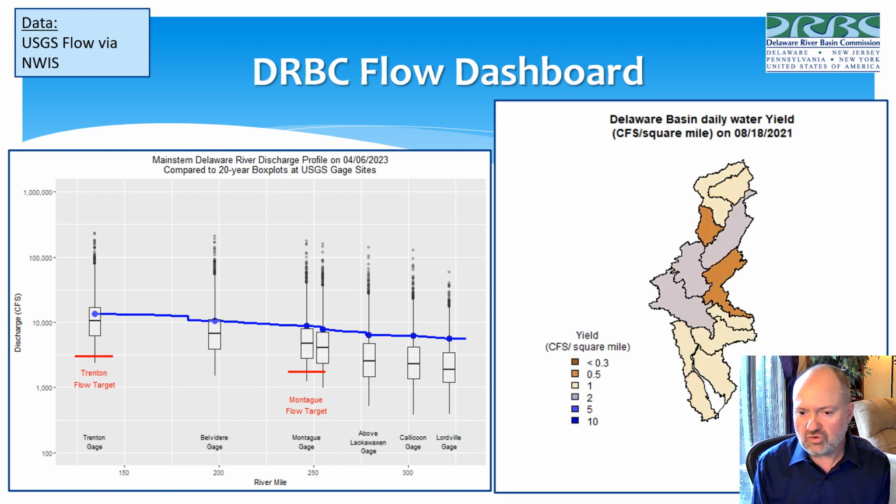We color code that, so when conditions are dry, that's a tan or a brown color, and when conditions are wet, that's a blue or a dark blue color. During this time period, in August of 2021, we went from pretty dry conditions, and then a couple of rainfall events came through the system and we went from dry to pretty wet.